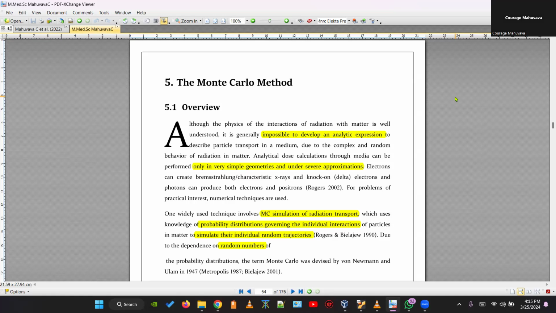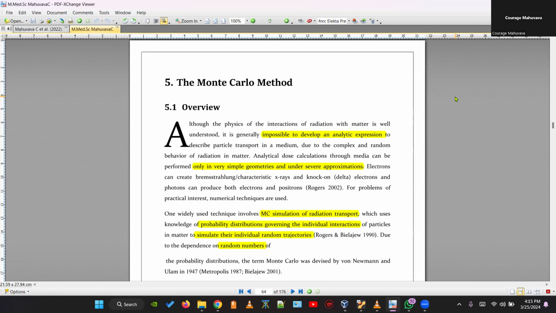Initially, it had an issue of long calculation times. But with advancements in computer technology and things like variance reduction, we can do an actual real-time patient dose calculation in about 15 minutes. All right.